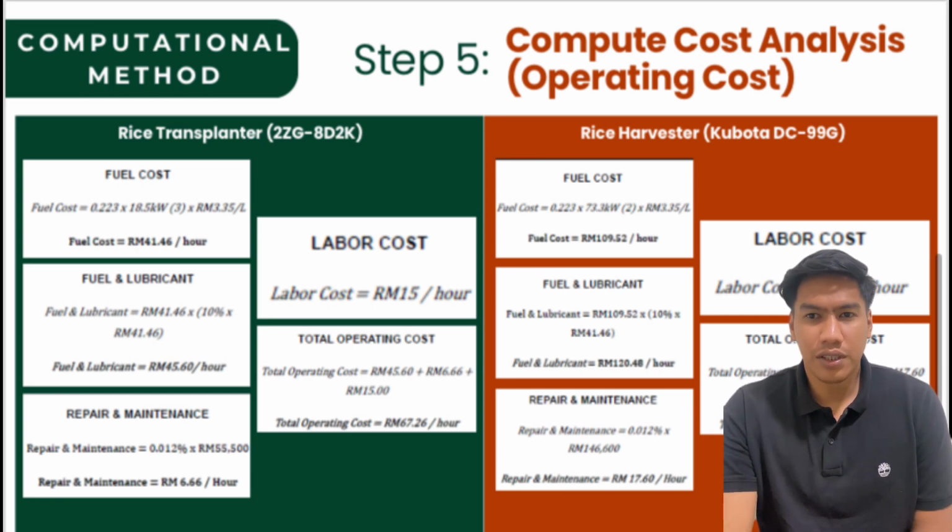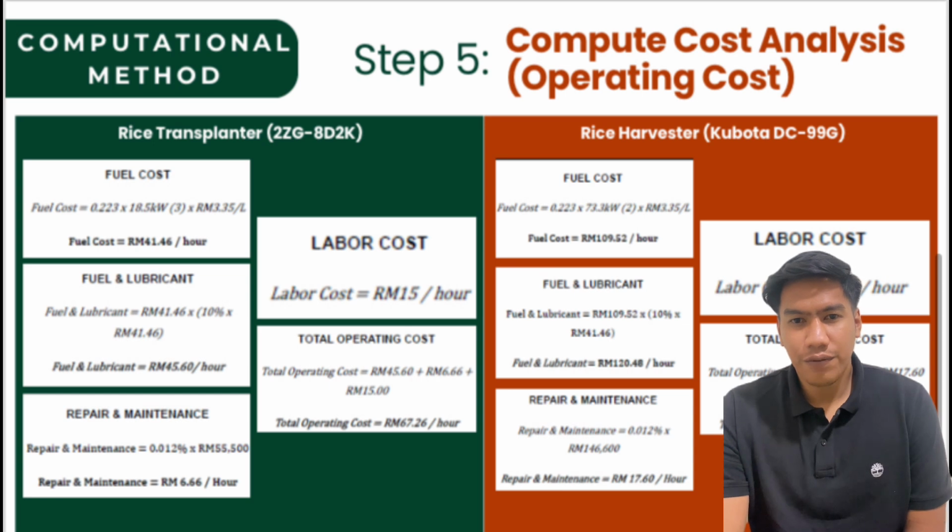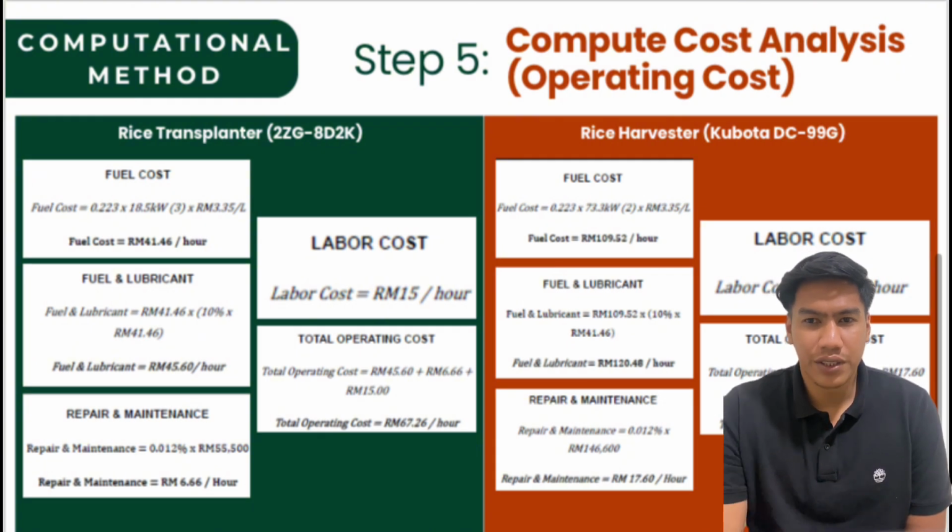The total operating cost for the rice transplanter is RM67.26 per hour. For the conclusion, understanding the fixed and operating cost of both the rice transplanter and the combine harvester is crucial for effective budgeting and operational planning in agriculture management.